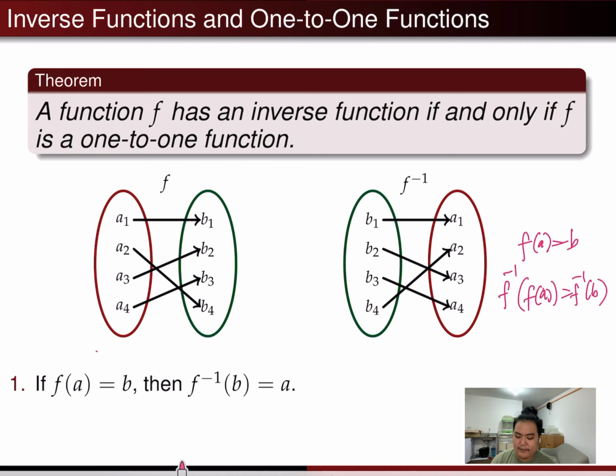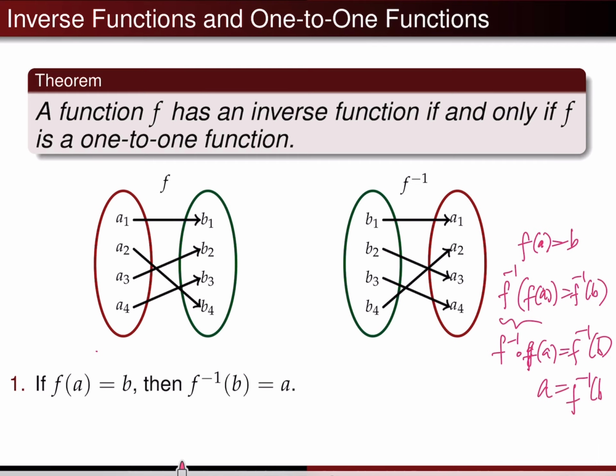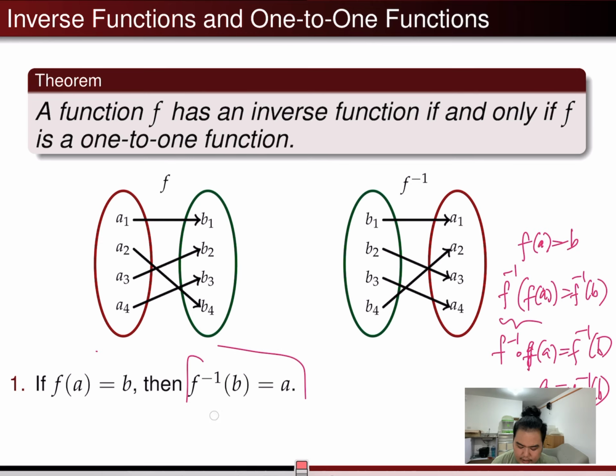So, if you apply f inverse on both sides, this is f inverse circle f of a, which is f inverse of b, or a is equal to f inverse of b. Kaya makukuha natin ito. So, ang effect niyan ay parang nare-reverse mo yung effect nung function. So, for example, nag-apply ka ng f to a, you can reverse that, yung application mo ng f to a by applying f inverse on both sides.